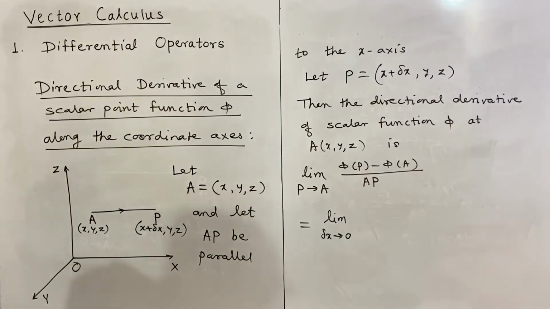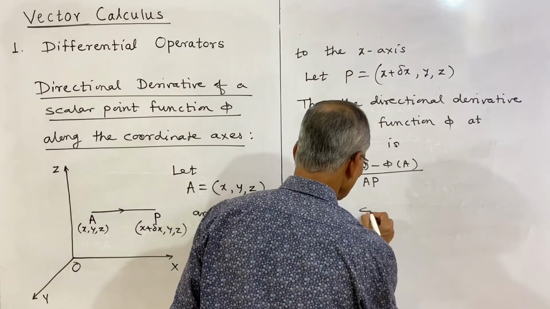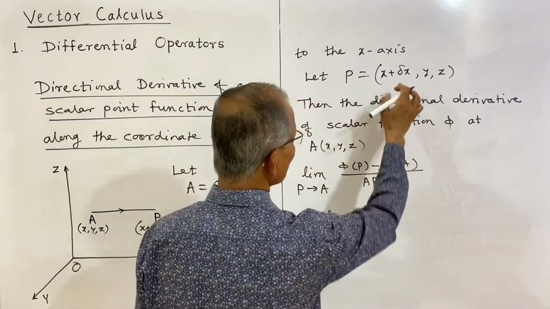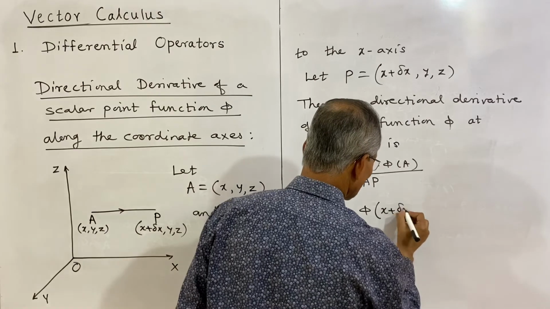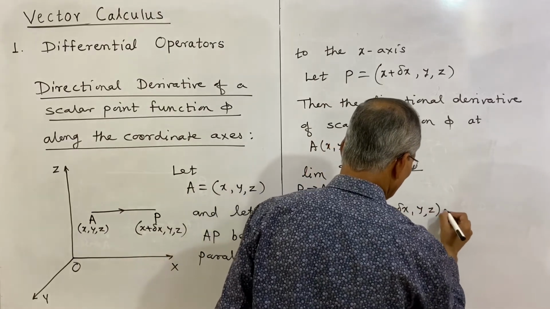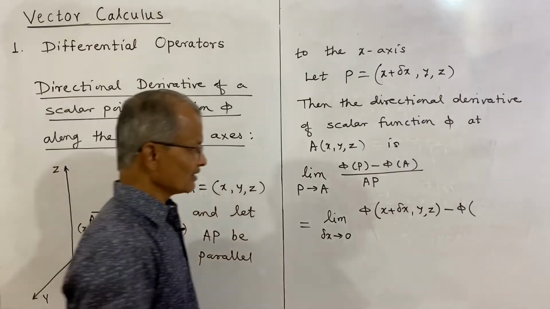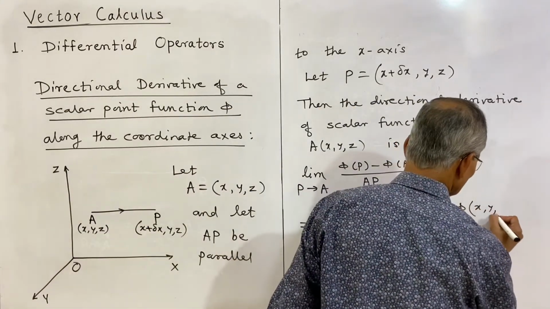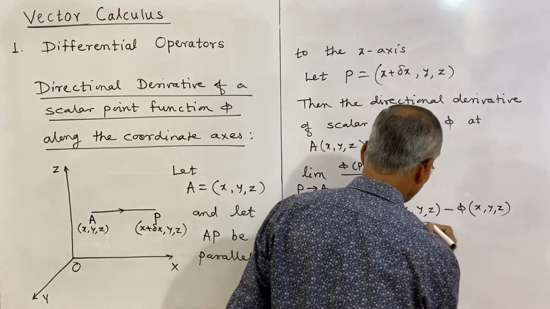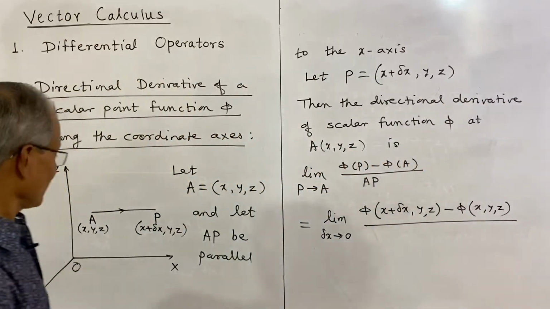And what is phi of P? Phi of P will be phi of x plus delta x, y, z, minus phi of A, whose coordinates are x, y, z, divided by AP.